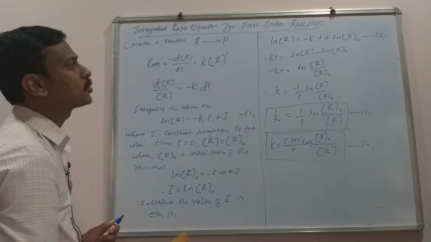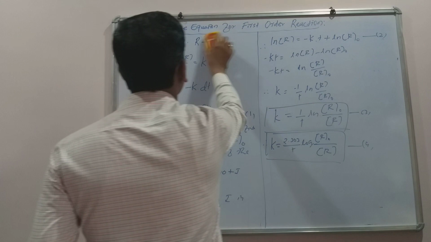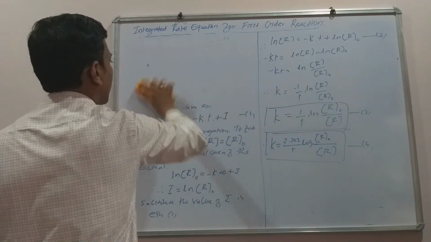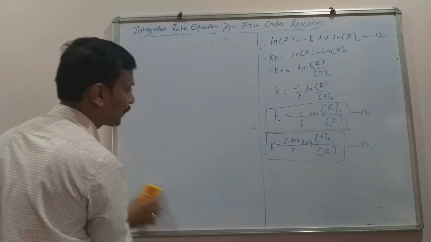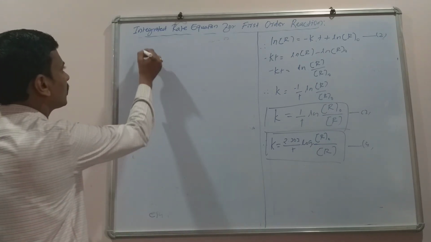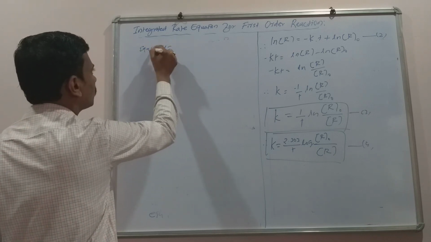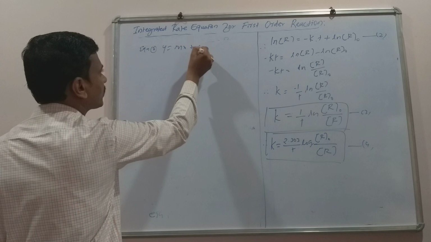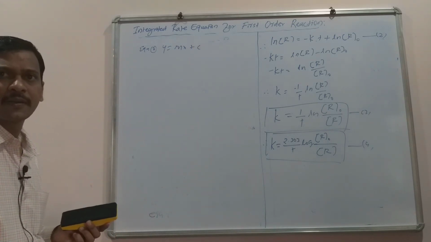Now consider equation number 2. What is equation number 2? ln r is equal to minus kt plus ln r naught. Equation number 2 is of the form y is equal to mx plus c.